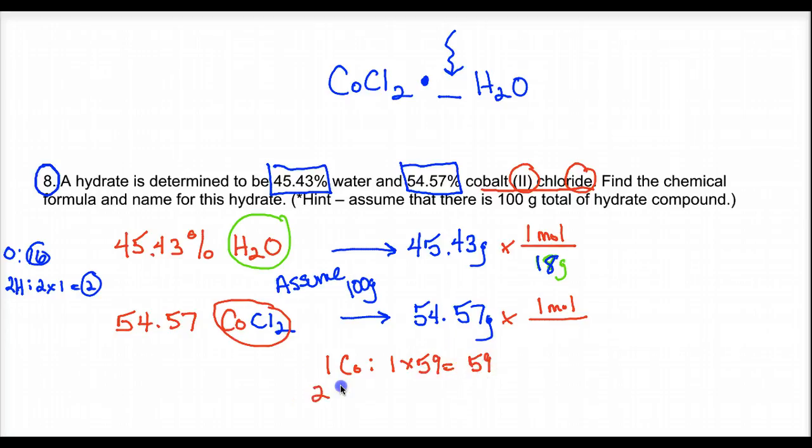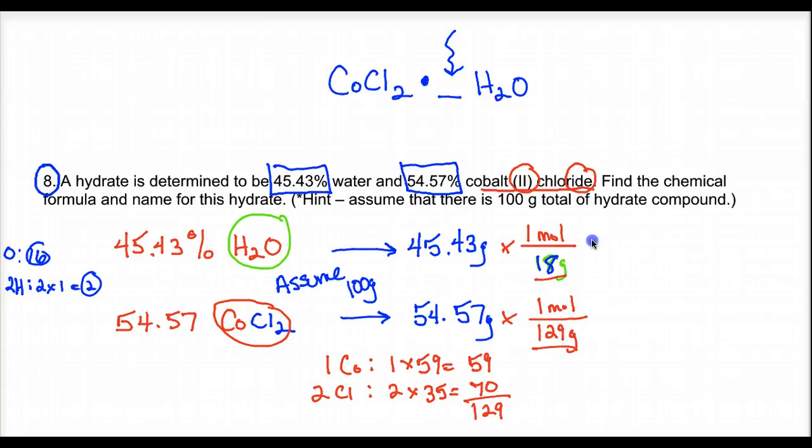Then I have 2 chlorines, and from the reference table each one is 35.4. I round to 35 and I get 70. The total mass is 59 plus 70, 129 grams per 1 mole. Why is this number so much bigger? Because there are more atoms, and especially this one's heavier.